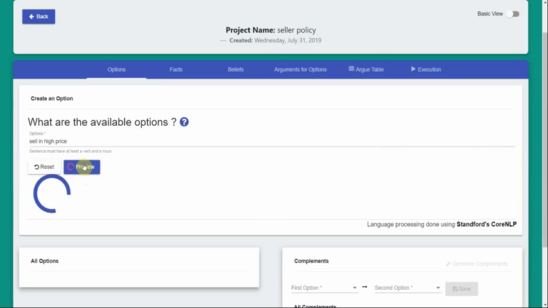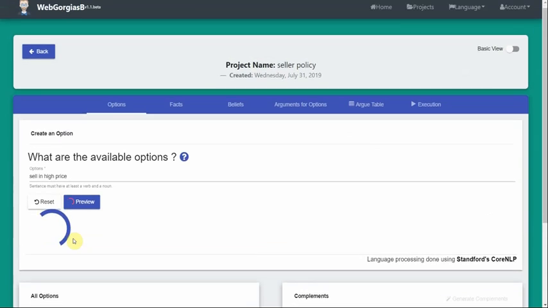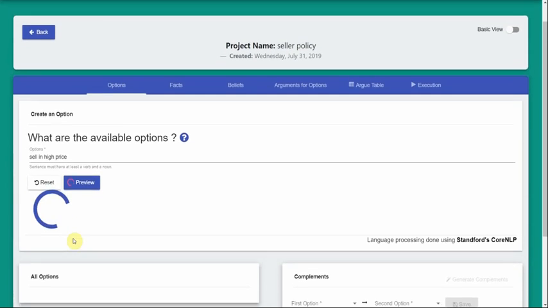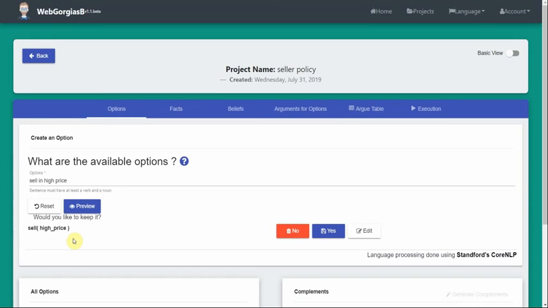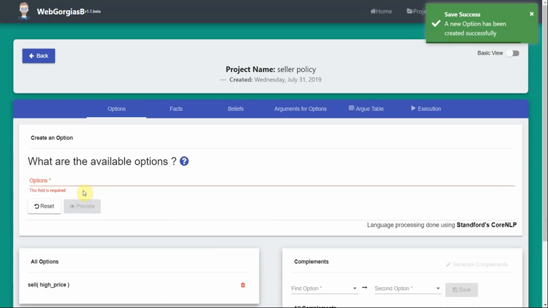Let's see how it becomes a predicate. Okay, sell high price, yes.